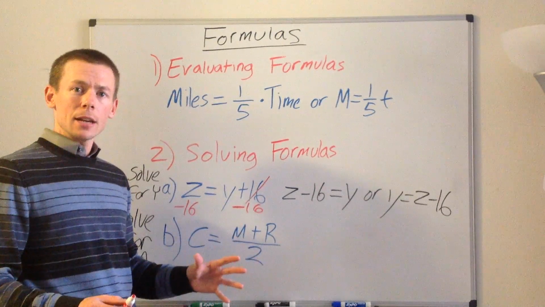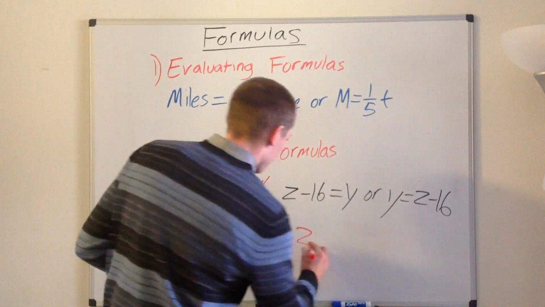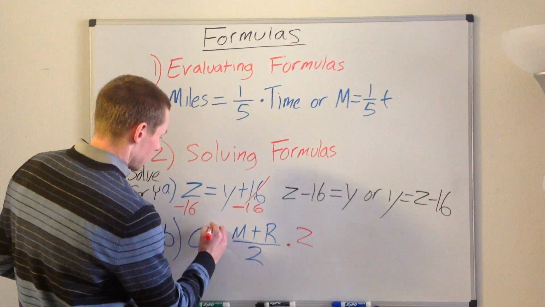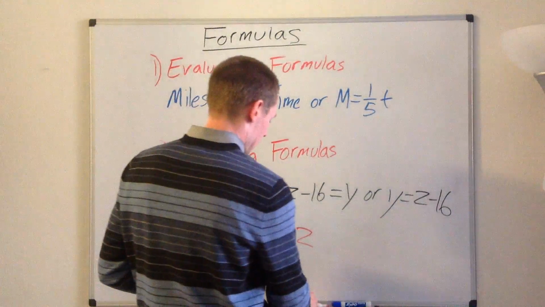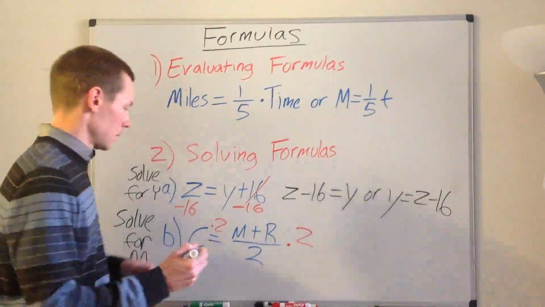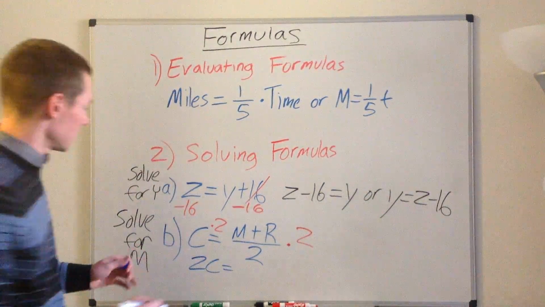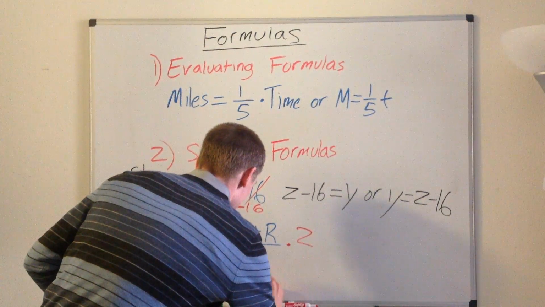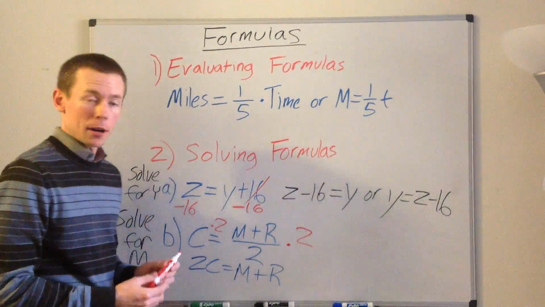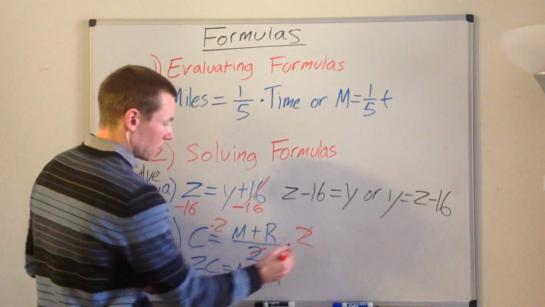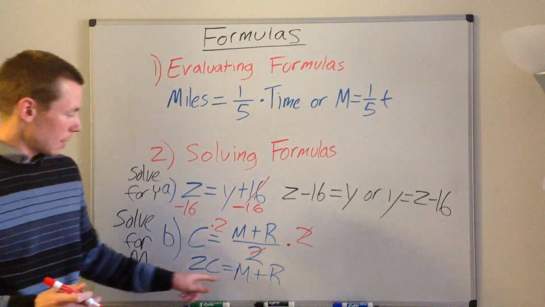So to undo dividing by 2, we need to multiply both sides by 2. So now I have 2 times c equals m plus r. 2 divided by 2 makes 1. Clear that, and over here we have 2c equals m plus r.